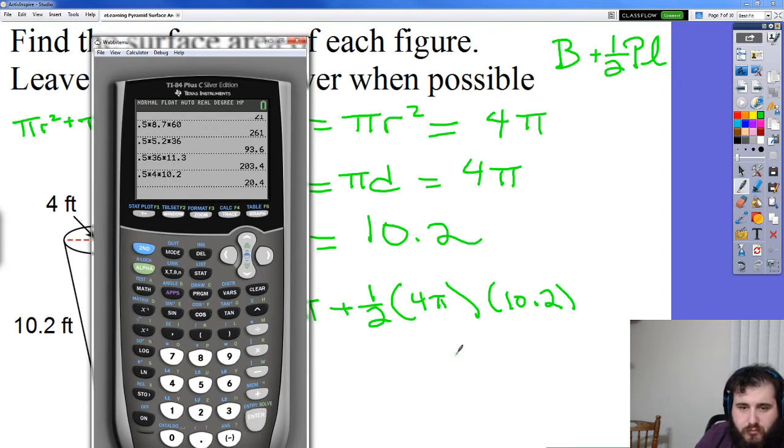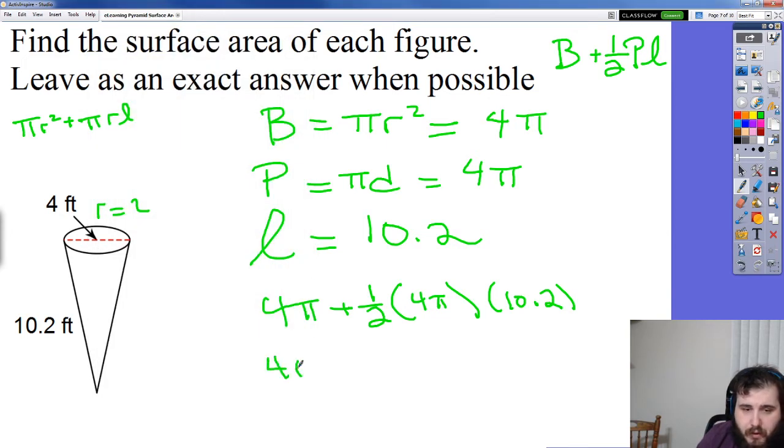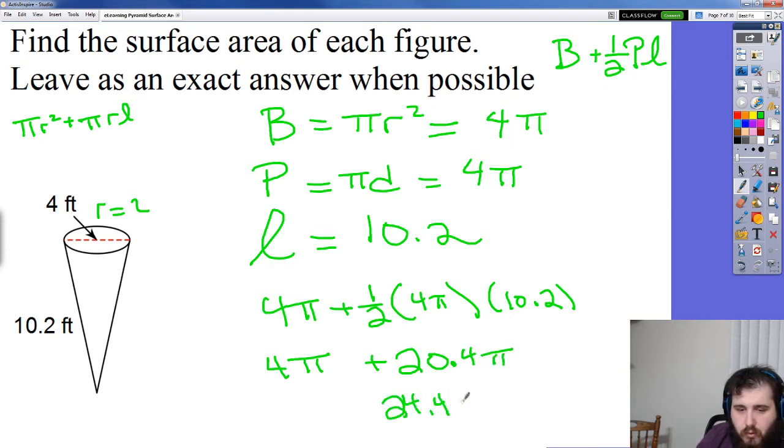So this is 20.4 pi, right? So we got 4 pi plus 20.4 pi. Now I can just add these together, 24.4 pi, and that's my surface area.